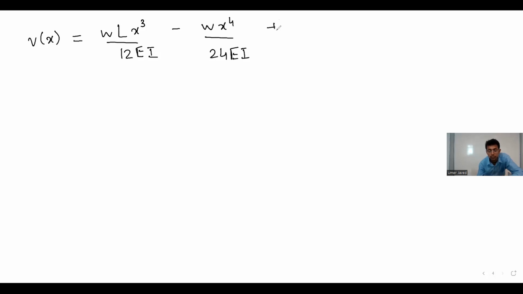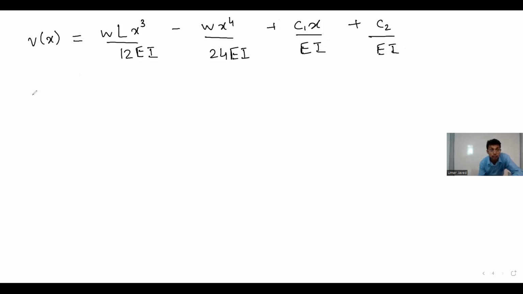So I will write V of X is equal to WL X power 3 over 12 EI minus W X power 4 over 24 EI plus C1 X over EI plus C2 over EI.